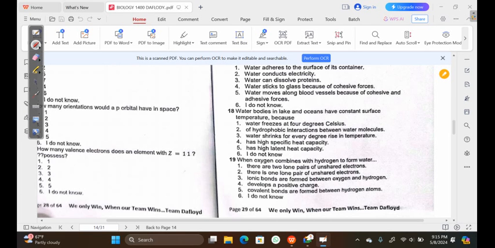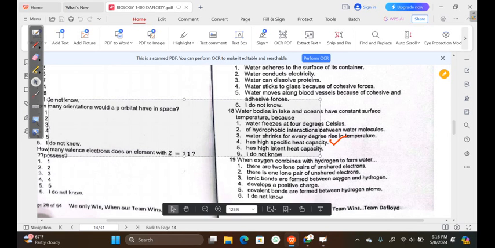Then what about this high latent heat capacity? What is it all about? Yeah. So high latent heat capacity is the amount of energy which you need to change water from liquid to gas.